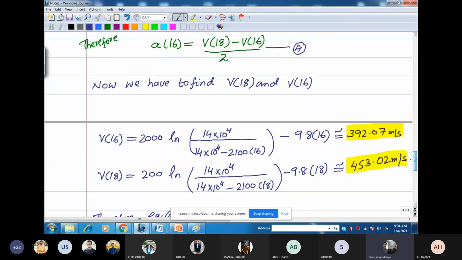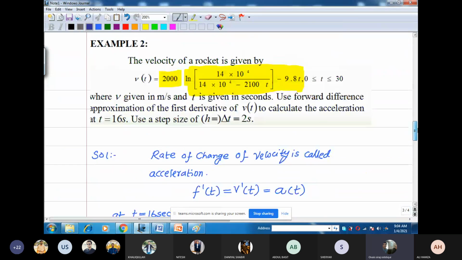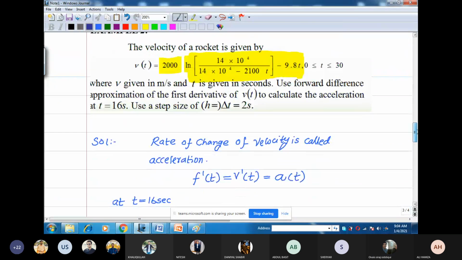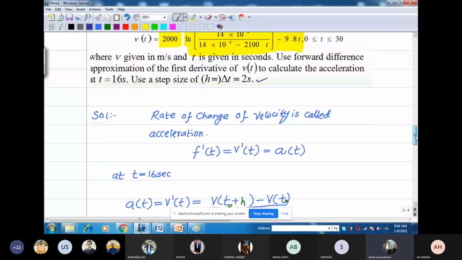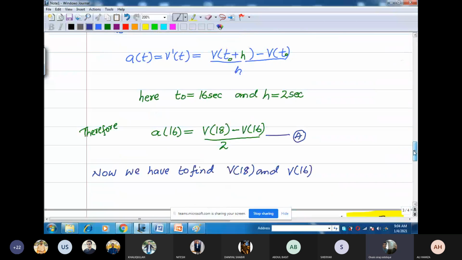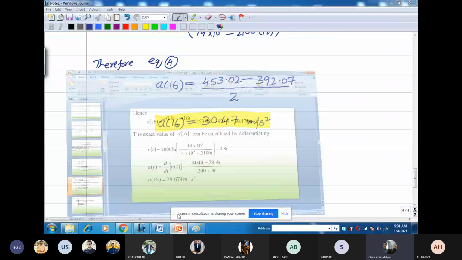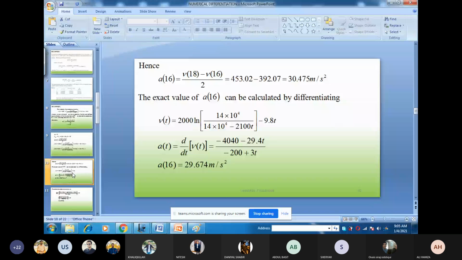And this is the acceleration using the forward difference method. तो हमने acceleration कैलकुलेट कर लिया. Now अगर वो फर्दर पूछता है बाउंडेड एरर, तो आप बाउंडेड एरर कैलकुलेट करो या एरर कैलकुलेट करो अगर वो आपसे एरर पूछता है.